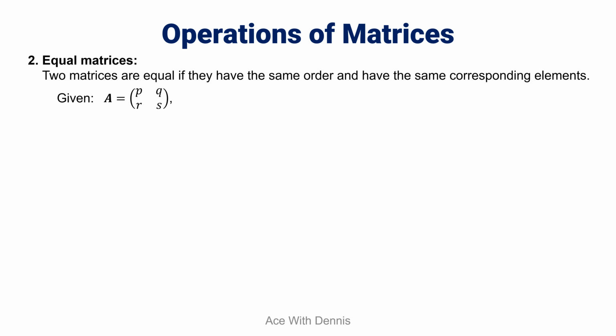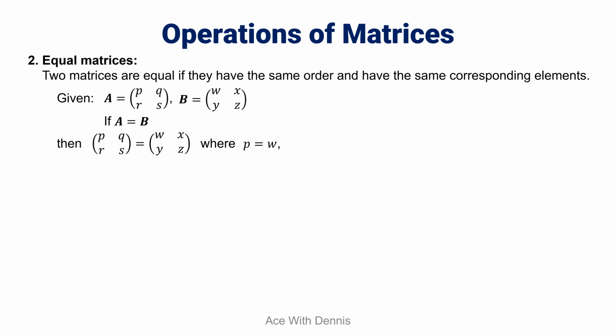Given matrix A, P Q R S, and matrix B, W X Y Z. If these 2 matrices are equal, or matrix A equals matrix B, then P equals W, so the corresponding element is the same, Q equals X, R equals Y, and S equals Z.